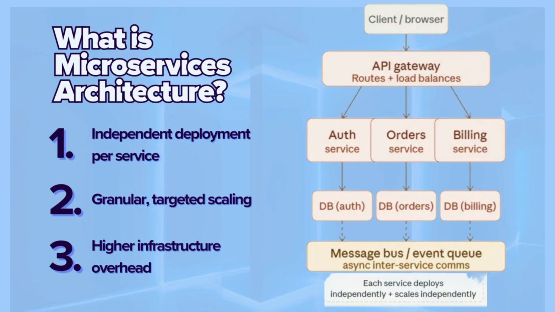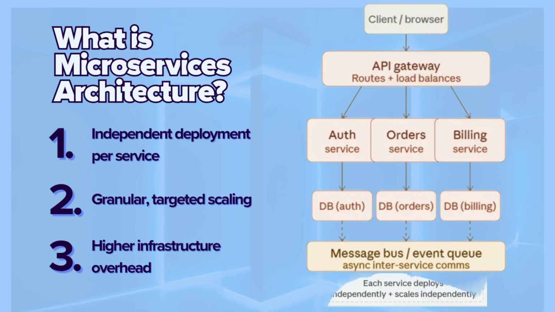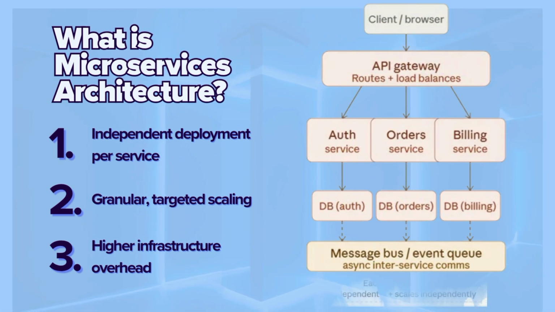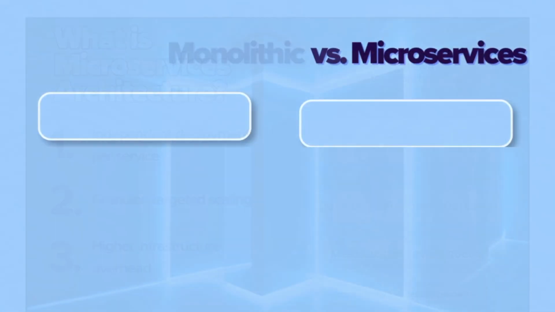They communicate over a network via REST APIs or an event message bus like Kafka and RabbitMQ. An API gateway sits in front of this architecture, routing incoming traffic to the right service. This is what enables applications like Netflix to deploy hundreds of times a day.